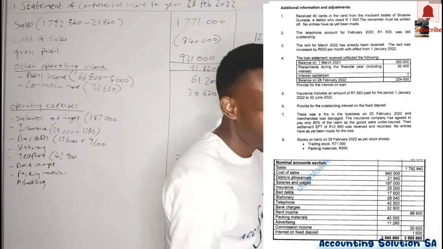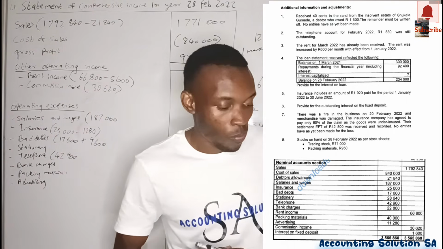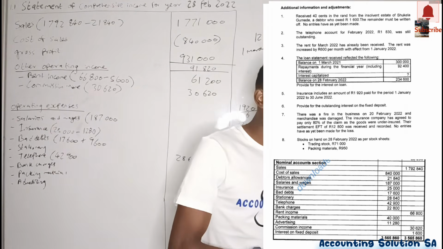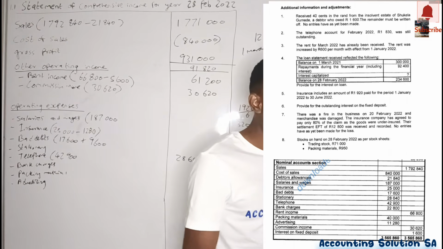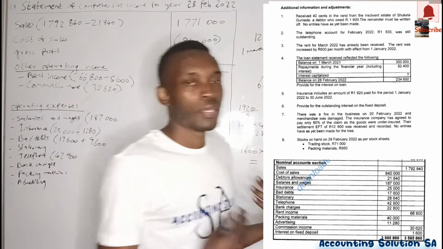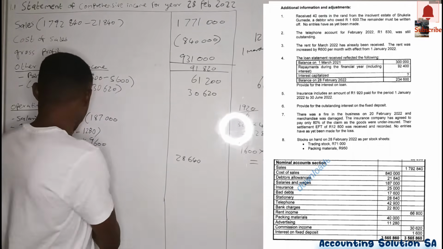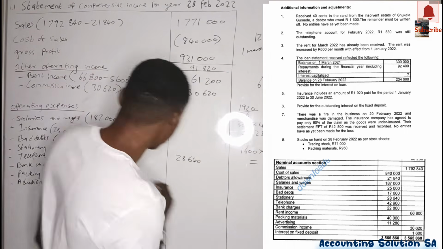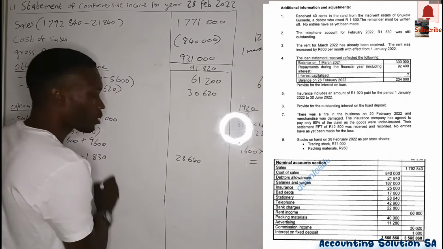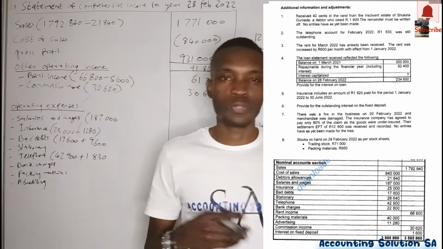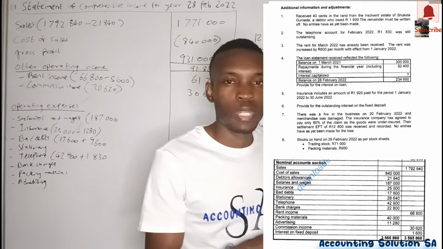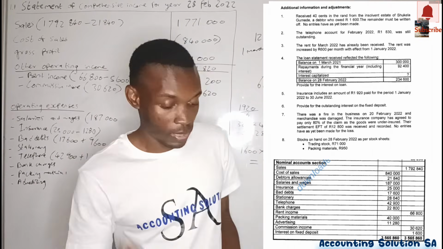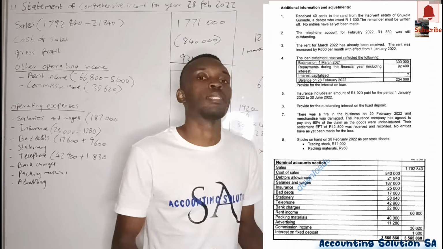Number 2, they said a telephone account for February 2022, 1,830, was still outstanding. So that amount we have to add, 1,830. Why are we adding? Because they said it's still outstanding. It has not yet been recorded, and the principal said we have to record 12 months, so we must add so that it can give us 12 months.